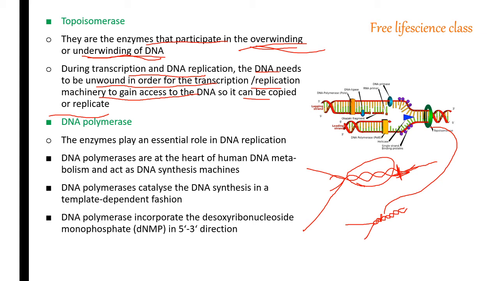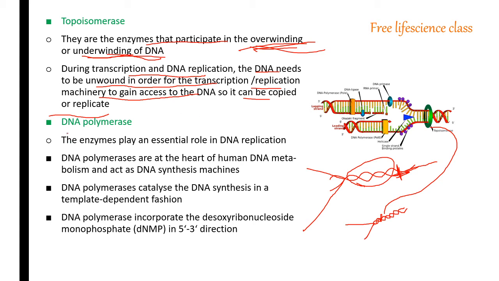So it has endonuclease activity as well as ligase activity. And its main function is that it will unwind the DNA and help in overwinding or underwinding the DNA. For doing overwinding or underwinding of DNA, they use two activities, endonuclease activity and ligase activity.